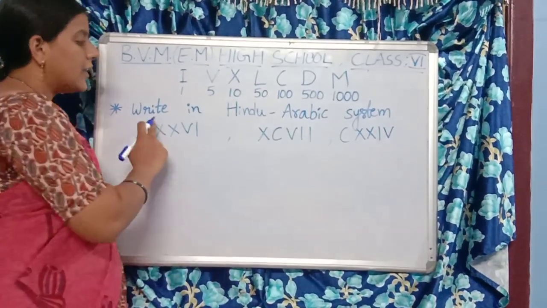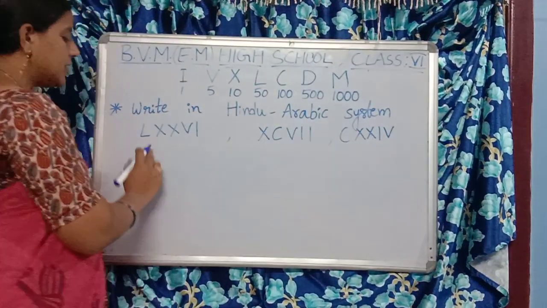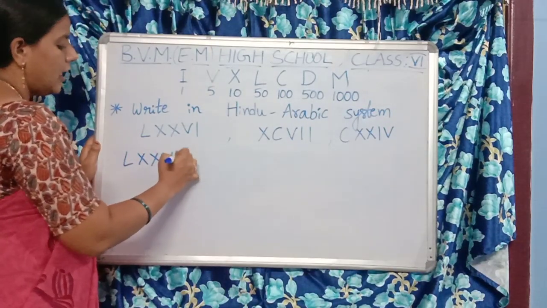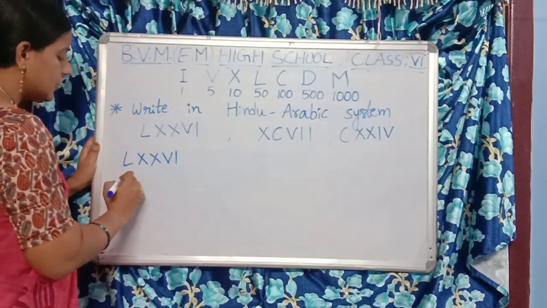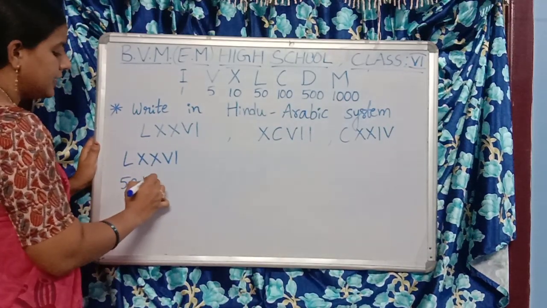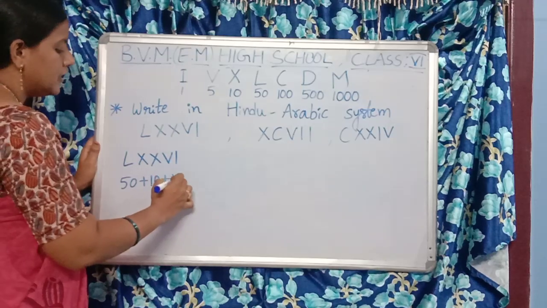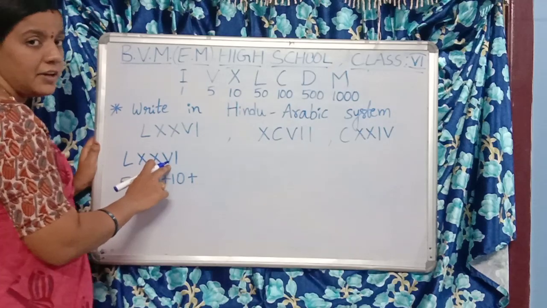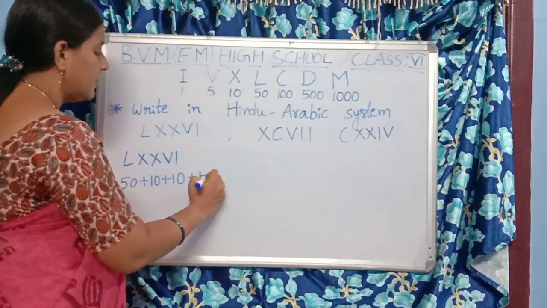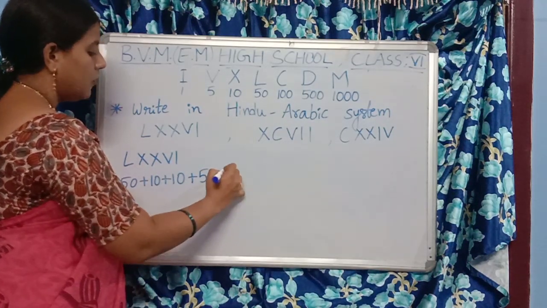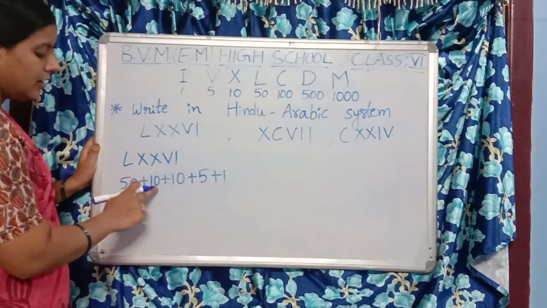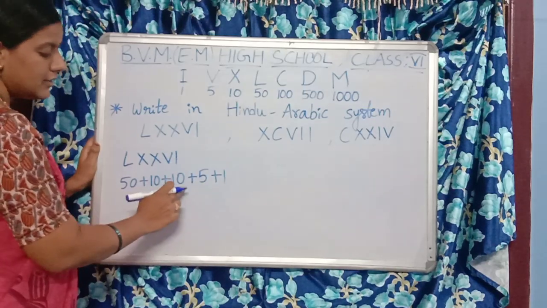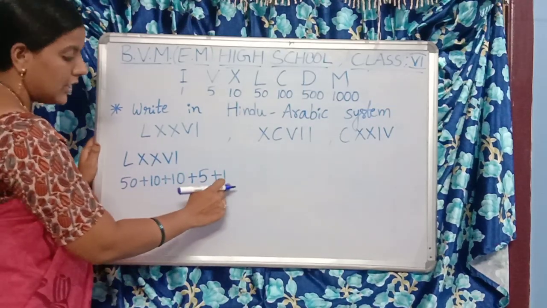Next one, write in the Hindu-Arabic system. First one, LXXVI. L represents 50 plus 10 plus 10 plus V stands for 5 plus 1. 50, 10, 5, 1: 60, 70, 75 plus 1, 76.